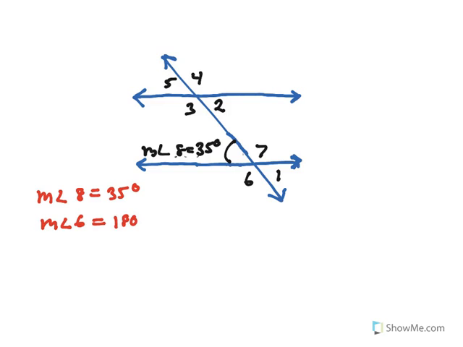So it's 180 degrees when you sum angle 8 and angle 6. You just take 180 and subtract the 35 degree angle, and you get 145 degrees.